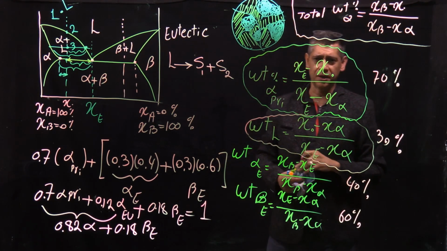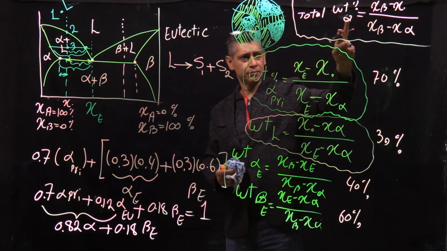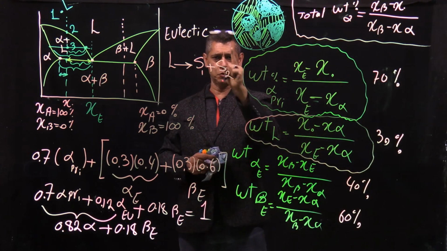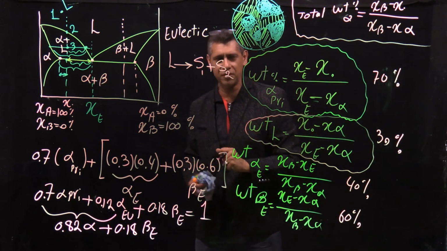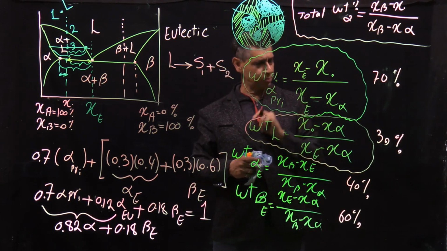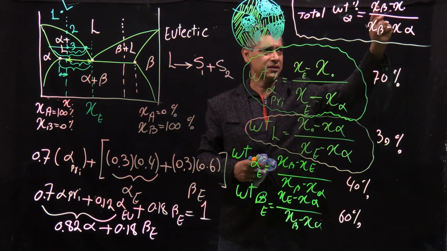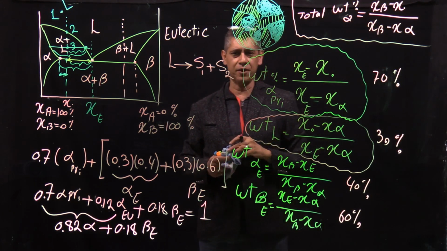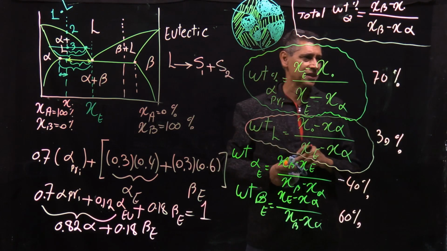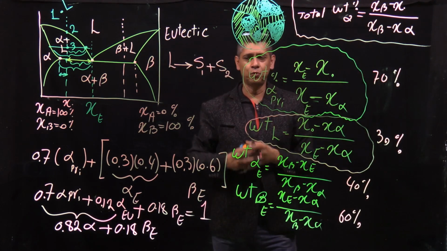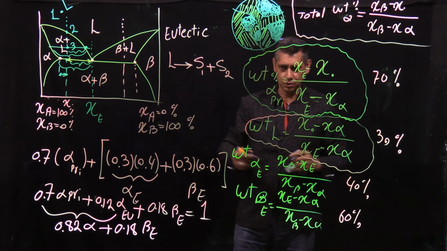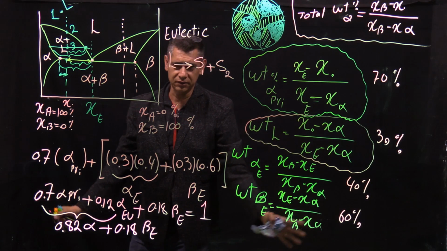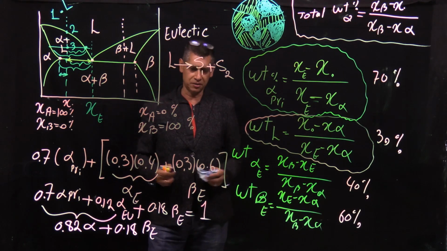If I want to write the total amount of beta, which is one kind of beta, the eutectic beta, the value would be simply x sub 0 minus x alpha divided by x beta minus x alpha, and then you add them together, they become 1. So this is totally it as far as you think about both case scenarios.